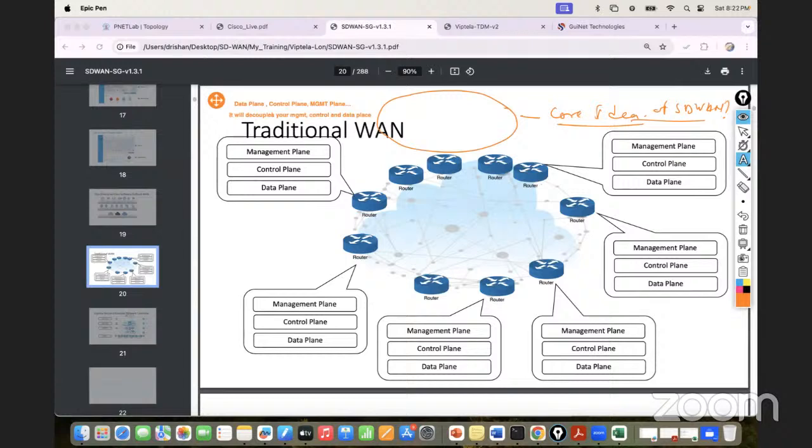And most important, all devices are having a single management, local to the box. So by decoupling all this, my routing is going to be managed from one place. Management will be managed from one place.